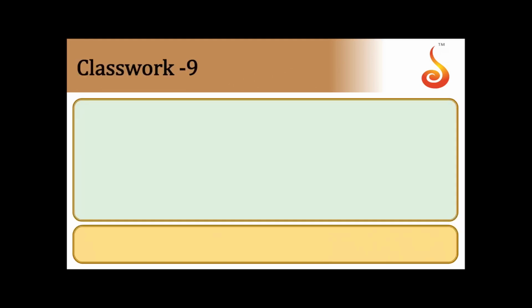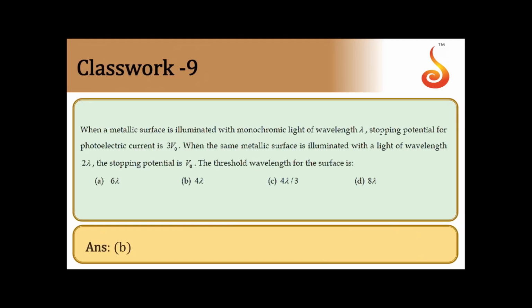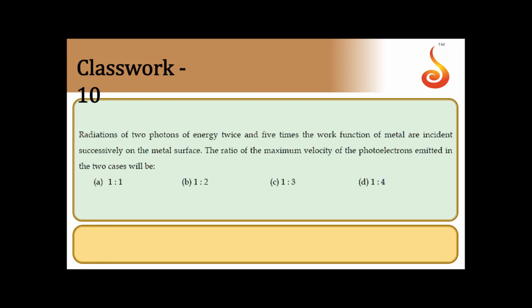Yes, we shall move on to the next one. Radiations of 2 photons of energy twice and 5 times the work function of the metal are incident successively on the metal surface. The ratio of the maximum velocity of the photoelectrons emitted in the two cases will be?